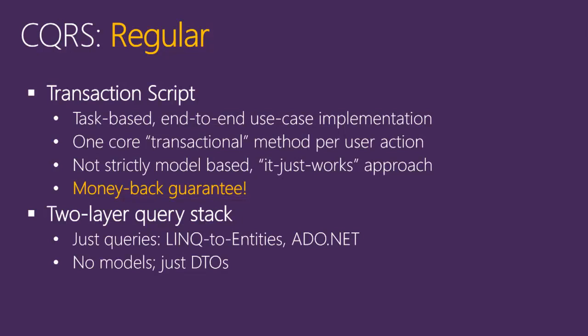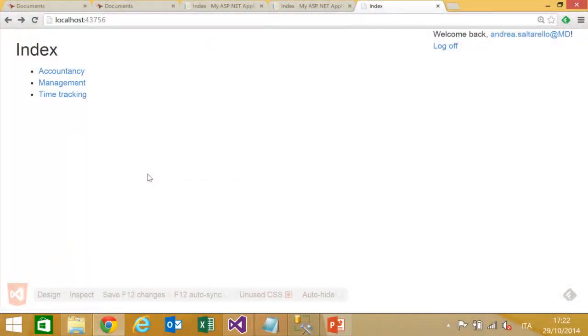Hello, everybody. Today I'm going to show you some code, but let's start having a look at the application first. Source code is available on Codeplex, and the application is called MERP, which stands for Mini or Micro ERP. Just a couple of features.